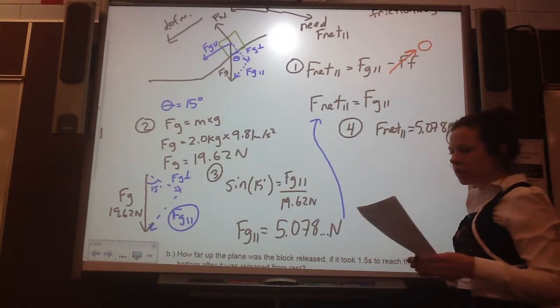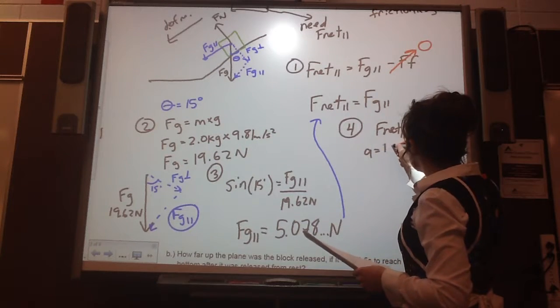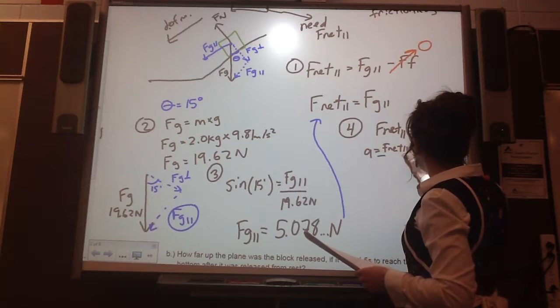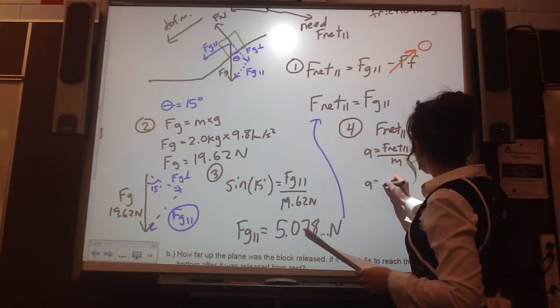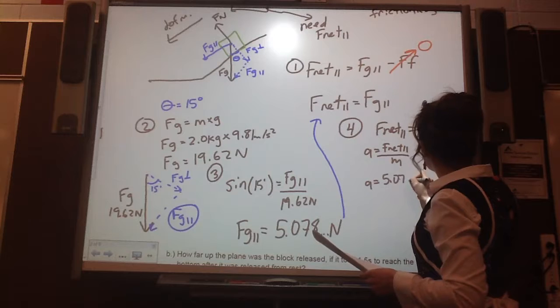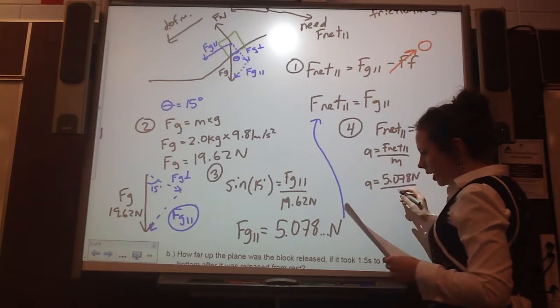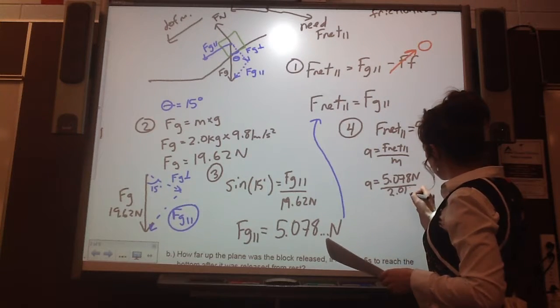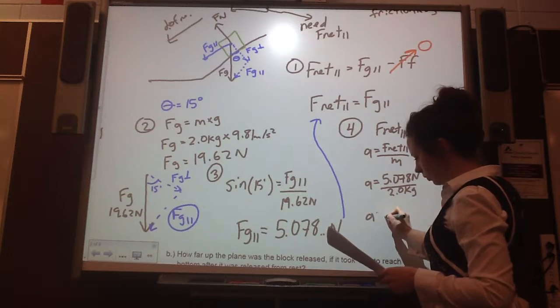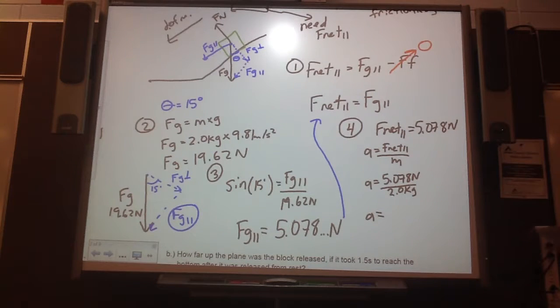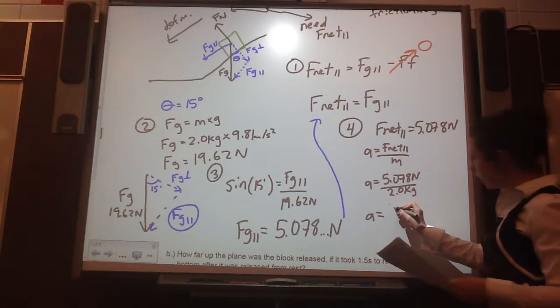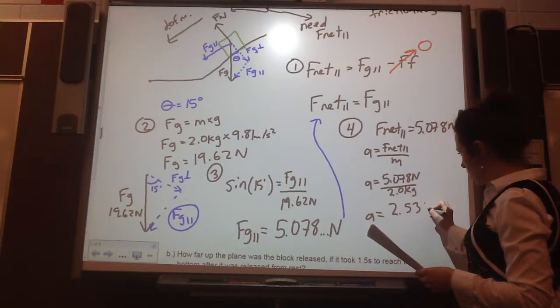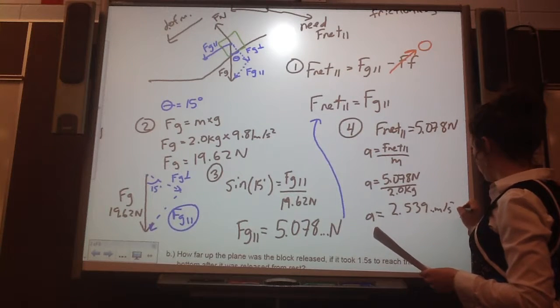I'm trying to find acceleration, so a is equal to Fnet parallel divided by m. So a is 5.078 newtons divided by 2.0 kilograms. If you put that into your calculator, you should get 2.539, etc. meters per second squared.